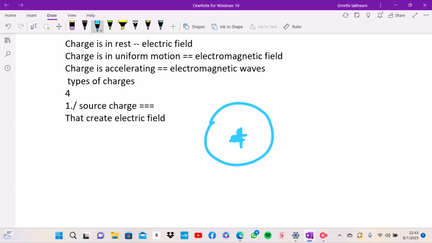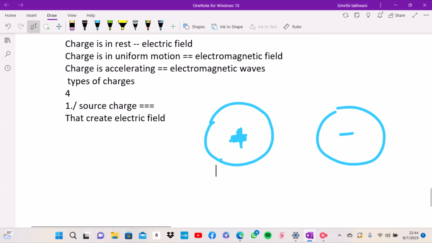The field around this positive charge is known as the electric field. Remember that for a positive charge, the electric field lines are outward.